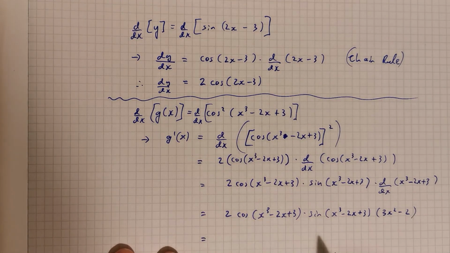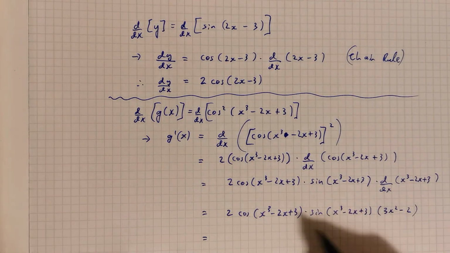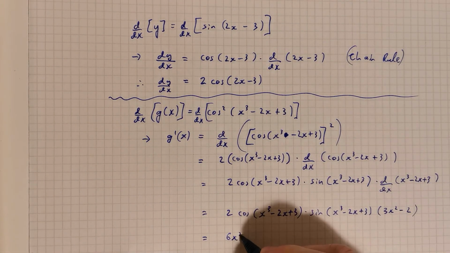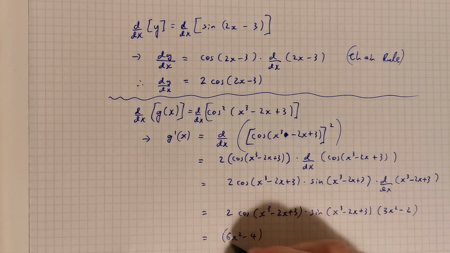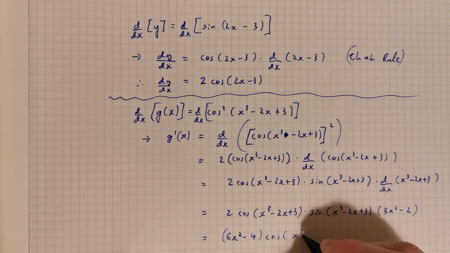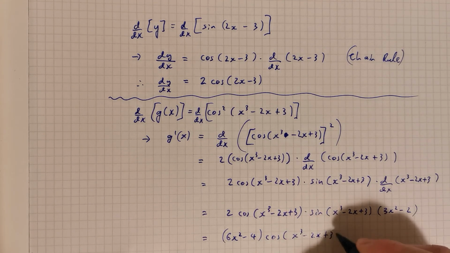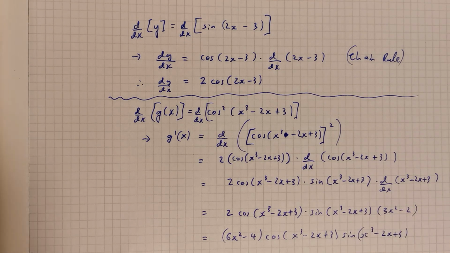And one thing I can do to simplify this a little bit more is I can just multiply that 2 by this function here. So I would write that as 6x squared minus 4, 2 times 3x squared minus 2, put in a bracket times cosine of x cubed minus 2x plus 3 times sine of x cubed minus 2x plus 3. So that's quite long-winded, but it's a chain rule thing.